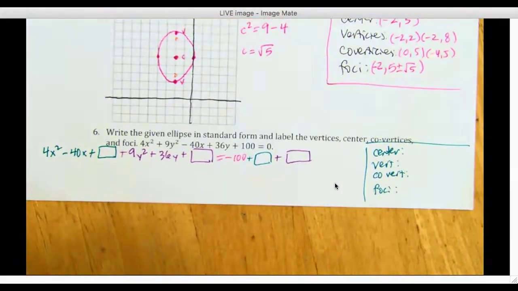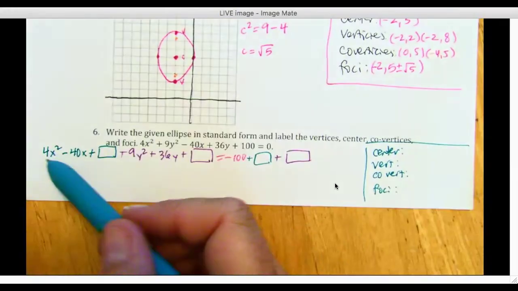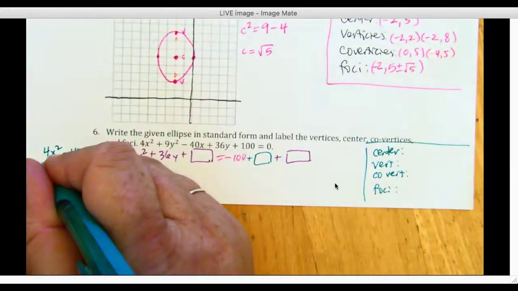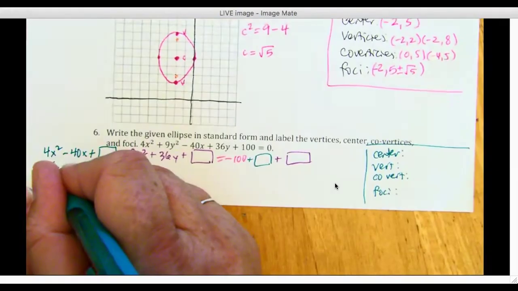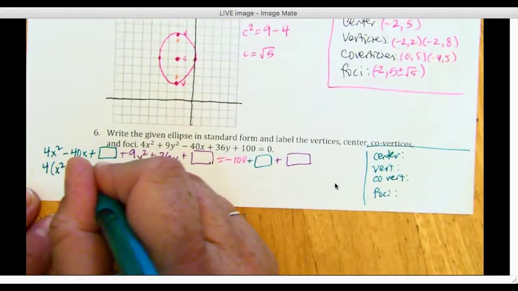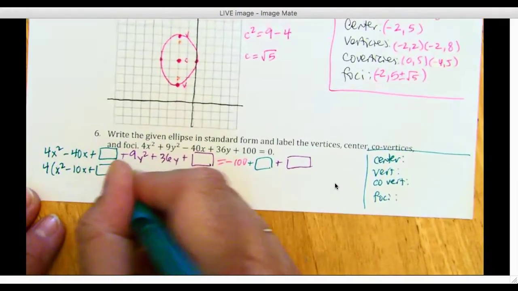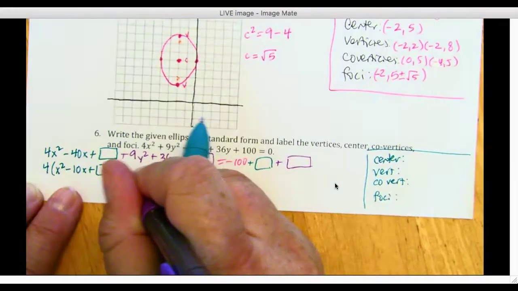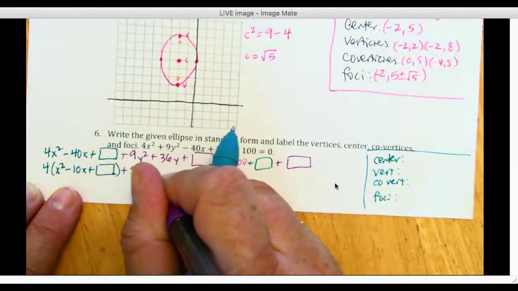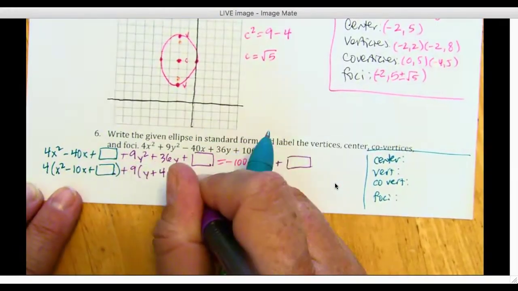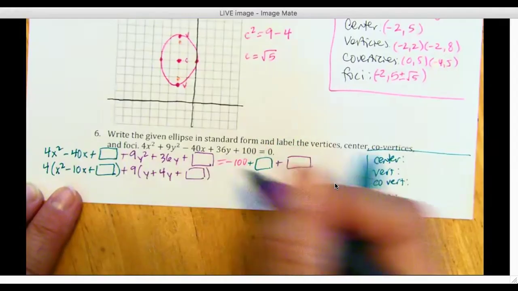So when we are completing the square, we want our a value to be 1. Right now it's 4. So I'm going to pull the 4 out, and I'm left with x squared minus 10x plus something, and then plus 9 and y squared plus 4y plus something.